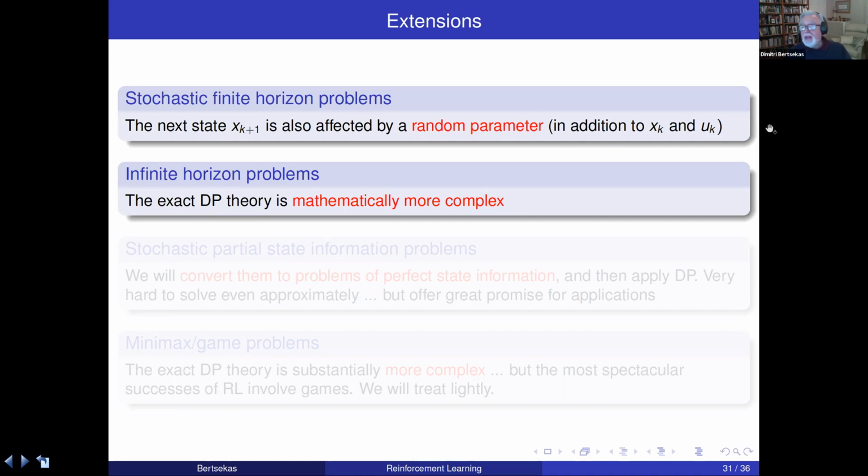And there are mathematical complications in doing this because you're accumulating costs over an infinite number of stages. The theory is quite deep. We're going to get partly into that theory, partly rigorously, partly through intuition, towards the end of the class.